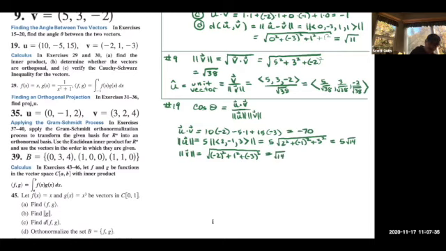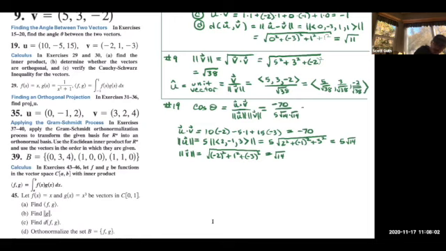And so when we do cos theta, we get negative 70 over 5 root 14 times root 14. And then 5 times 14 is 70.